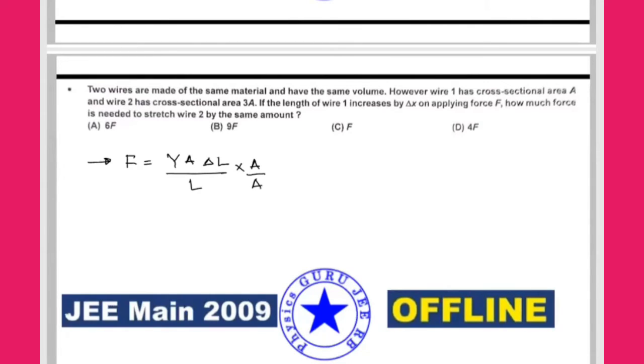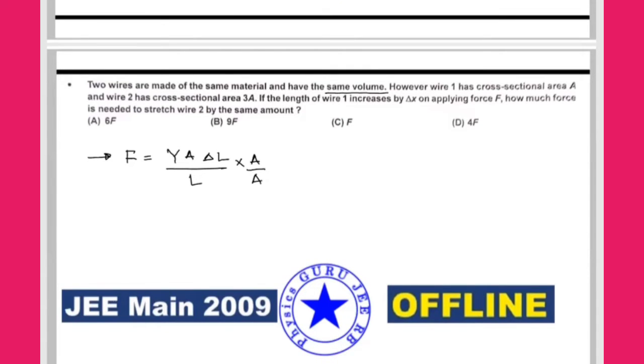Because the volume should be the same. Here the condition is same volume. So this equation can be written as Y A square delta L divided by L into A, which is nothing but volume.